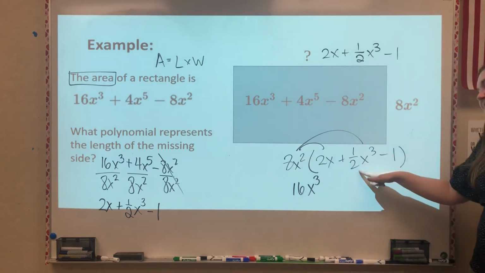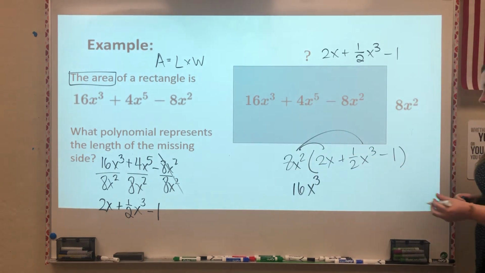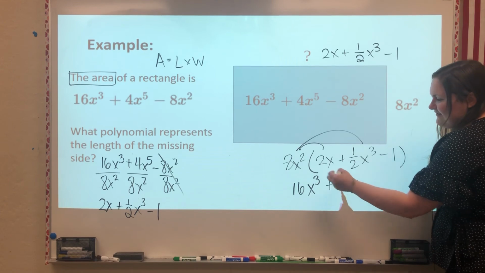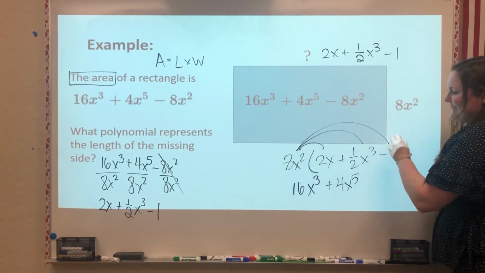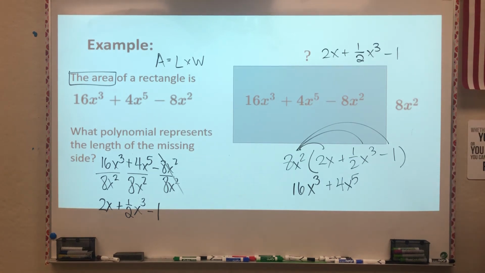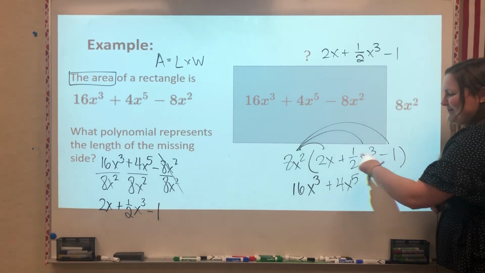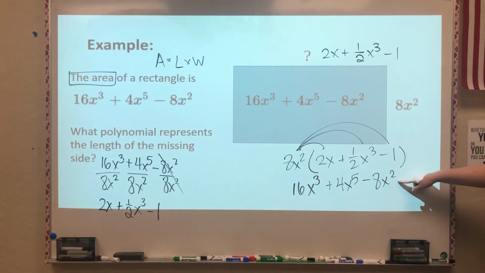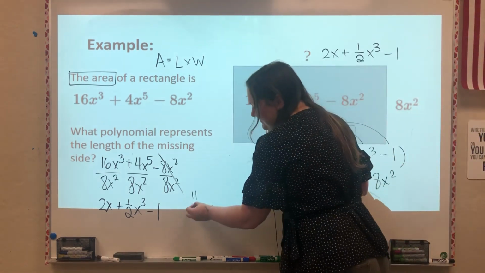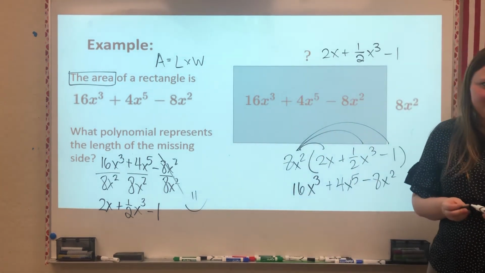So 8 times 1/2 is the same thing as half of 8, which is 4. And then for my x's, I'm adding those exponents. Then one last time, 8x squared times minus 1. Well, that one's pretty easy. Anytime you're multiplying by 1, it's itself. So we get minus 8x squared. And let me check. Oh, look, they're the same. That helps me know that I have found the correct missing side.